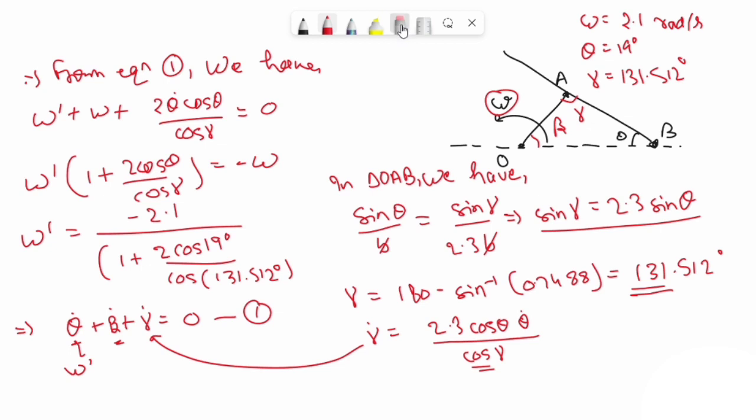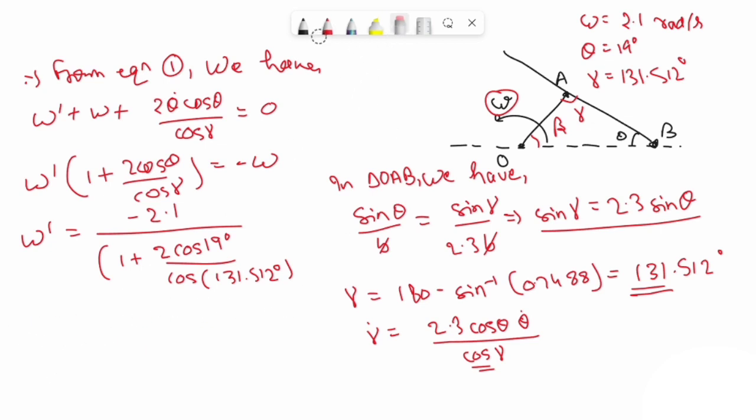And now solve this and you will get your final answer, omega dash equals 0.9205 radian per second.